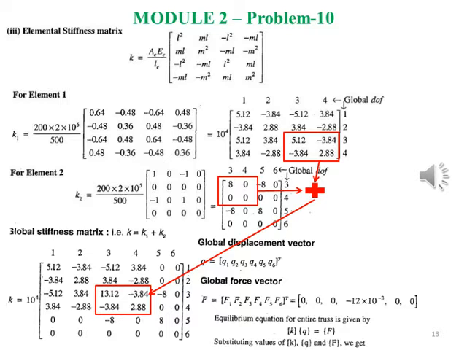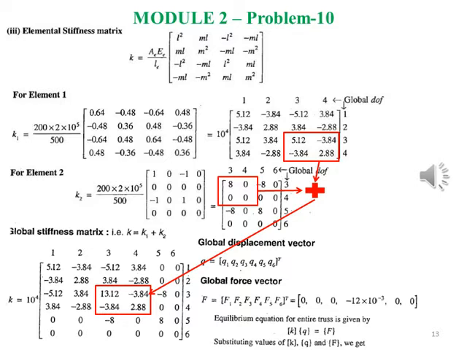Since node 2 is common, the degrees of freedom associated with node 2, that is 3 and 4, will be present in both elements. So the combined global stiffness matrix has to be written down. Here you can clearly see how the element matrices have been combined together to get the global stiffness matrix.